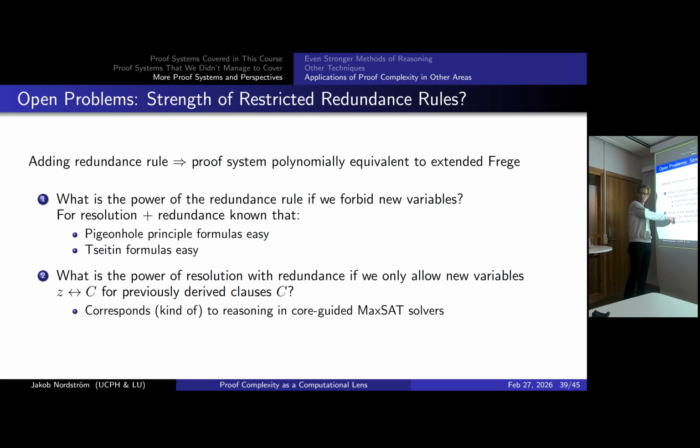Suppose C contains W literals. Then this equivalence will involve W plus 1 clauses. Basically, you would get one clause that says not Z or C, meaning that if Z is true, then C has to be true.